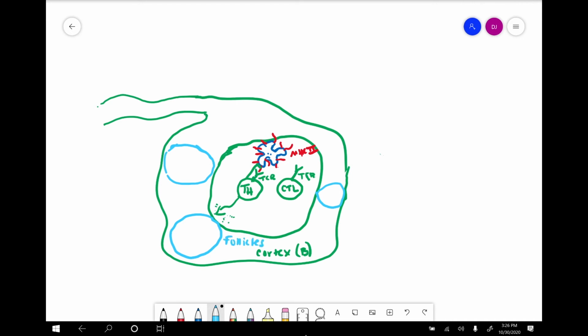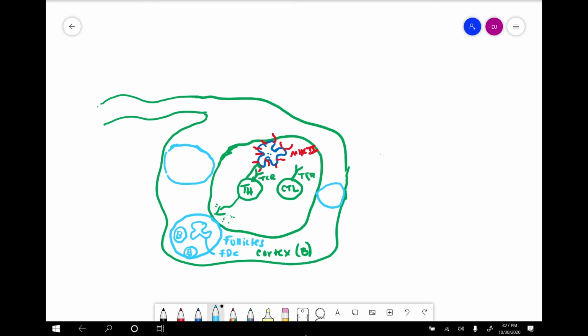And follicles really consist of two types of cells. The first one is this sort of starfish-shaped cell called a follicular dendritic cell. And then around that, you're going to have lots of B cells. So remember, a lymphoid follicle is really follicular dendritic cells surrounded by a sea of naive B cells.